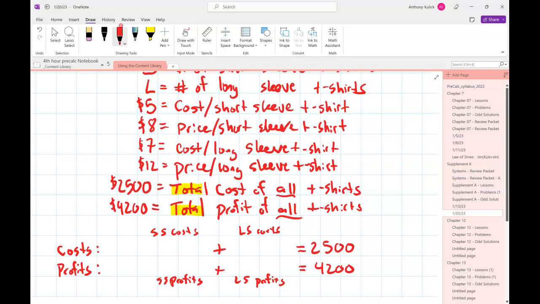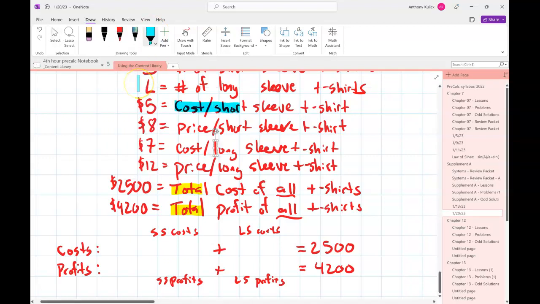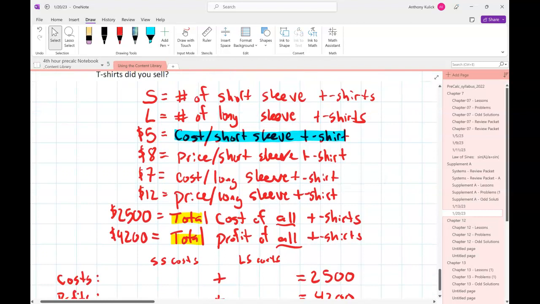Everybody's okay with that? How would I calculate the total cost of just the short sleeve t-shirts? Well, I know the cost per short sleeve t-shirt, and I know the number of short sleeve t-shirts.